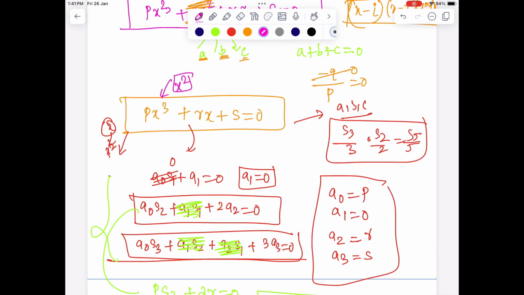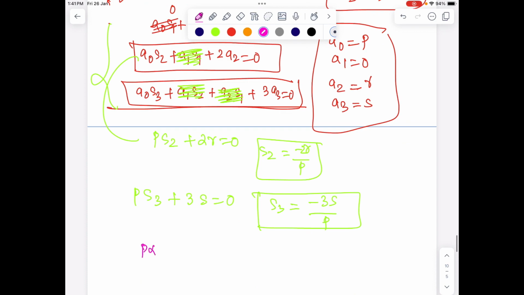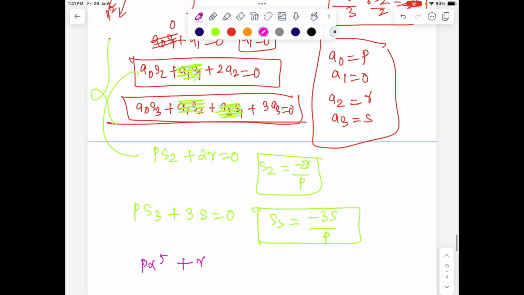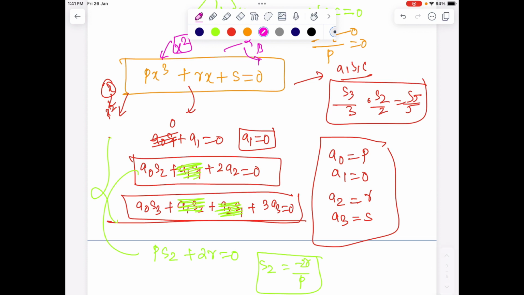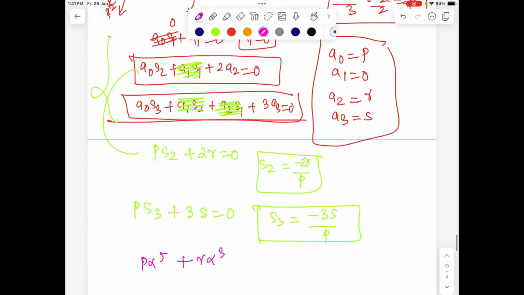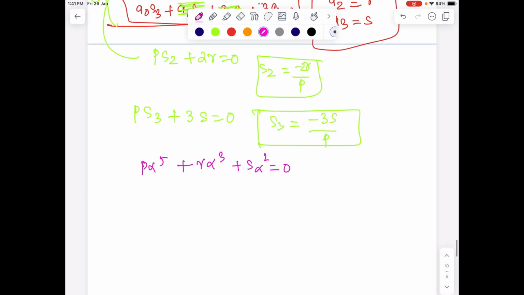We'll multiply this with x square, and directly put the roots alpha, beta, gamma and add the equations. So it will be px^5, meaning p alpha^5 plus r alpha cube plus s alpha square equals 0.